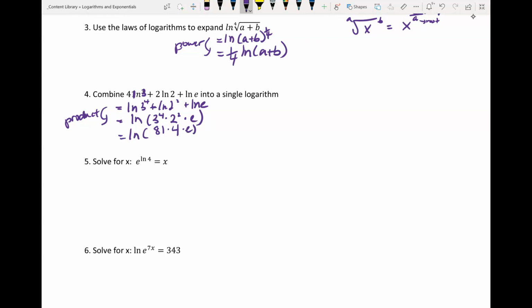And then we're going to simplify the inside of our ln, which is 324. And that would be all we can do to combine into a single logarithm.